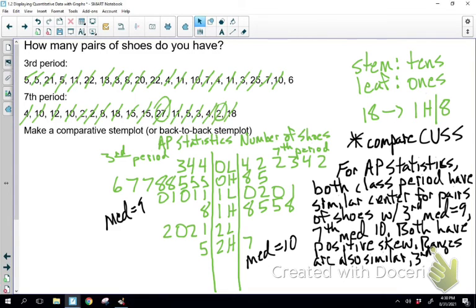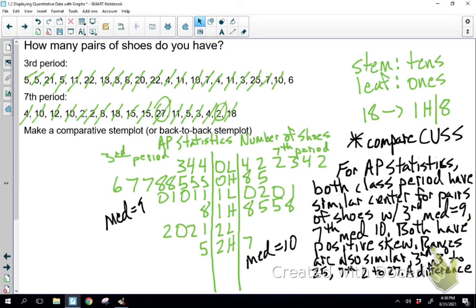So let's say ranges are also similar. Third ranges from 3 to 25. And seventh ranges from 2 to 27. The difference is unusual. A difference, and I'm about out of room.